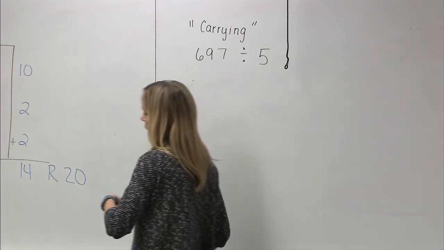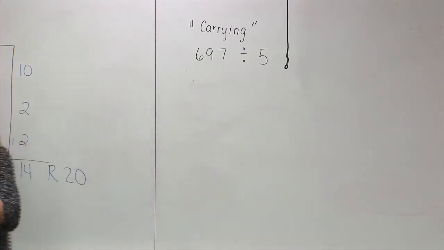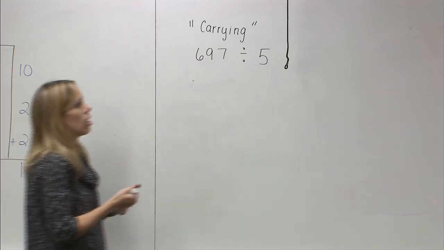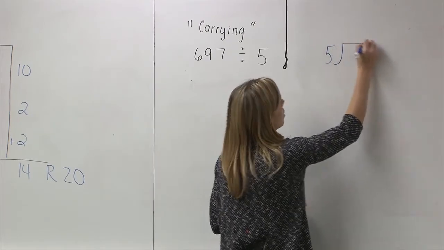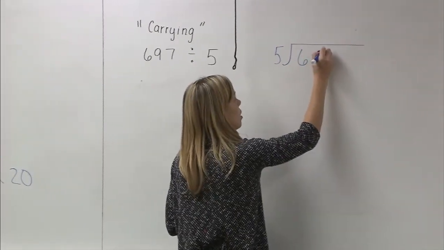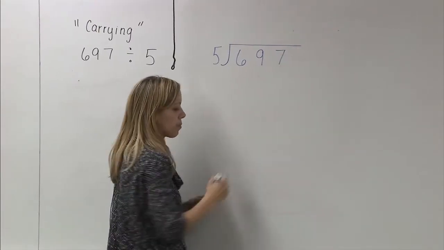The only difference is how it looks when they're writing the problem out. And if a student was comfortable with carrying and borrowing with addition and subtraction, this looks similar to them than what we normally do with long division. So we would set it up the same way. 5 into 697.